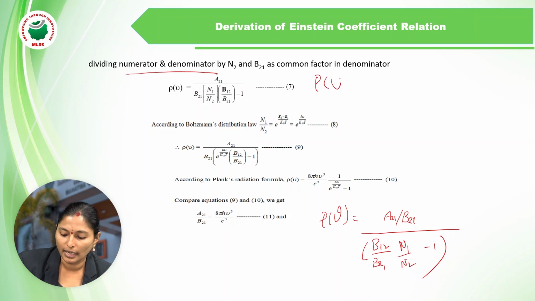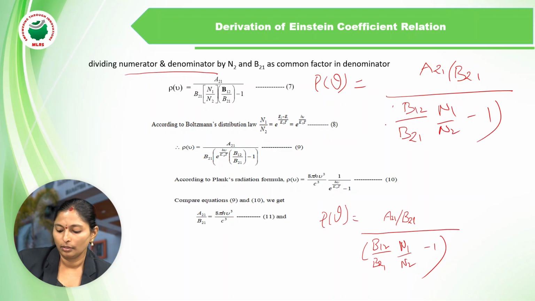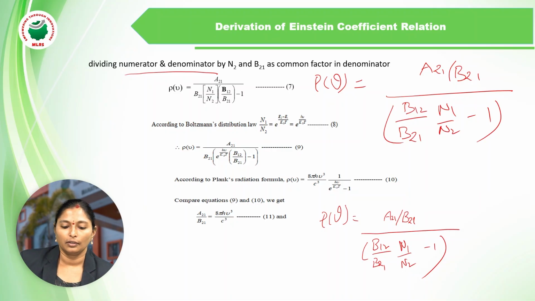Rho nu, the energy density relation, equal to A21 by B21, over B12 by B21, N1 by N2 minus 1. Here we need to remember that we are going to write two direct relations: one is the Boltzmann distribution relation and the second one is Planck's radiation law. With the help of these, we can simplify and derive our final relation.